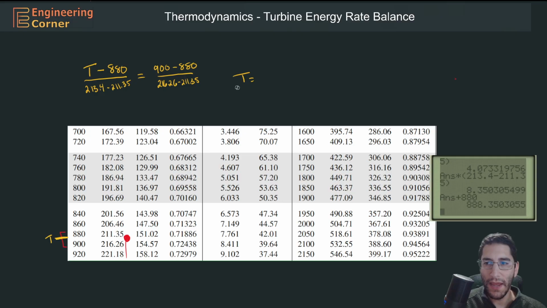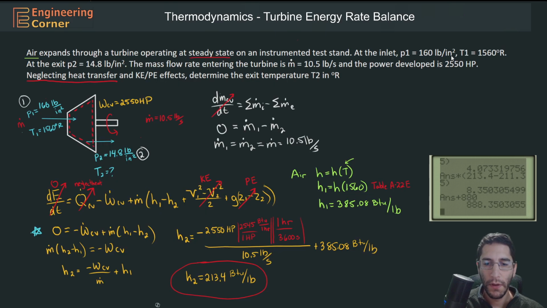So we get 888.4, and we're in degrees R. So if we come back to our actual problem, we can write that our temperature at 2 is equal to 888.4 degrees R.